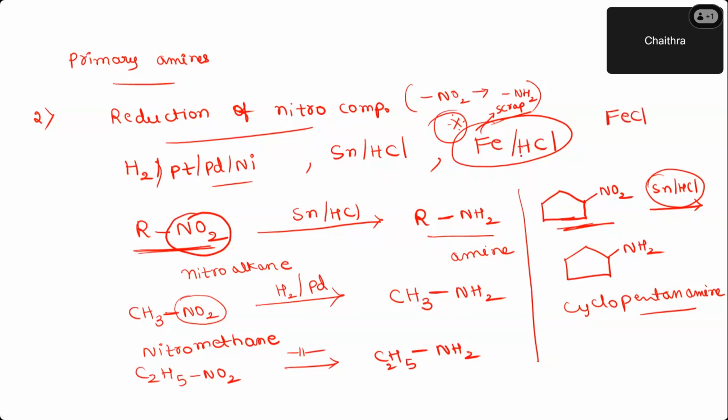If Fe reacts with HCl, FeCl2 will form, right? The formed FeCl2 gets hydrolyzed and again releases HCl, more and more HCl.